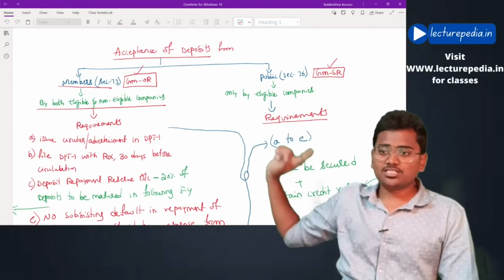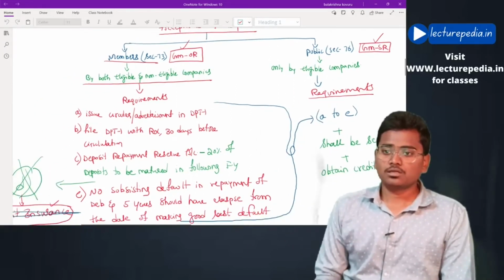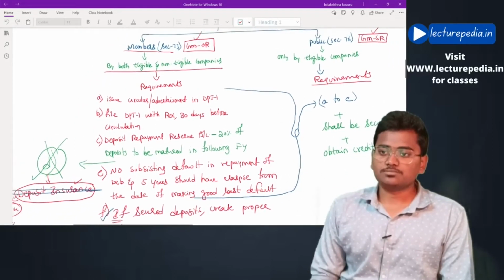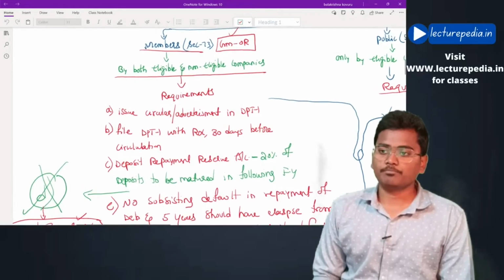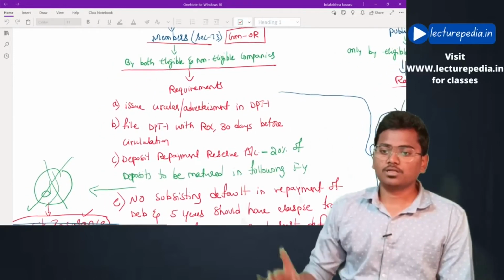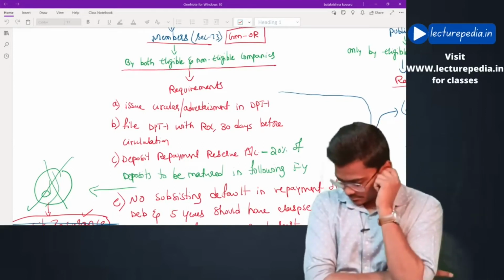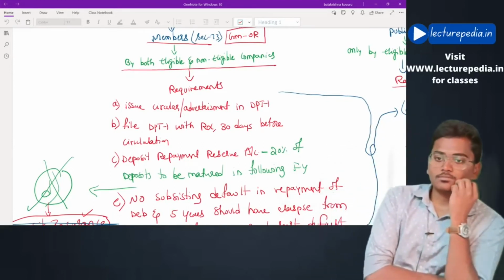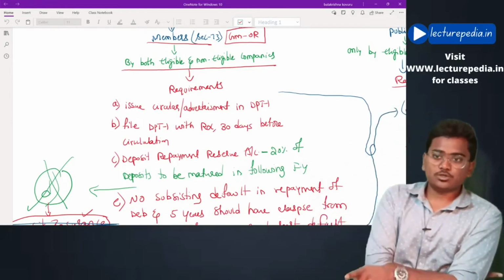You write these two. You divide it into two: members, public. After that, first of all, write down this members portion. Till here you write down. If you are not done, you can pause and you can write.